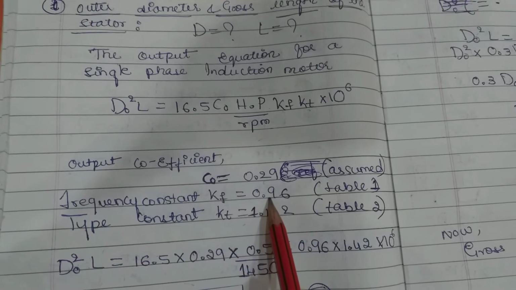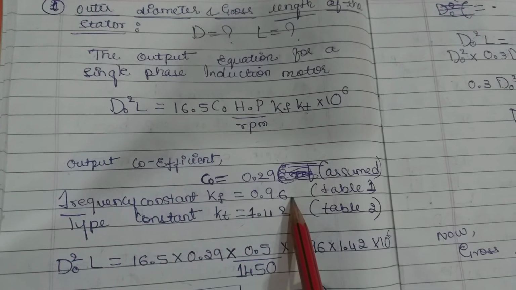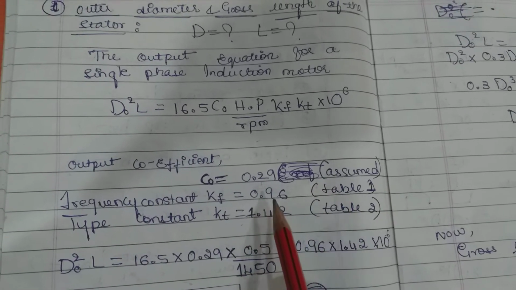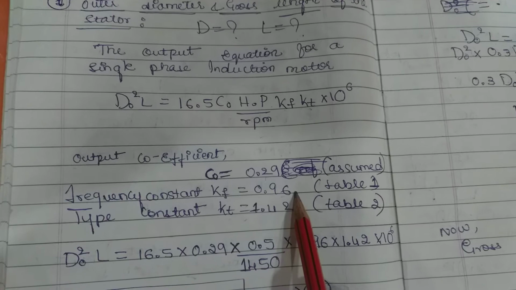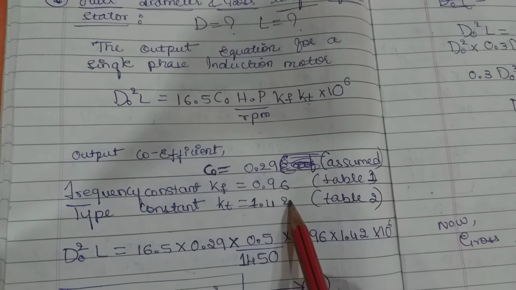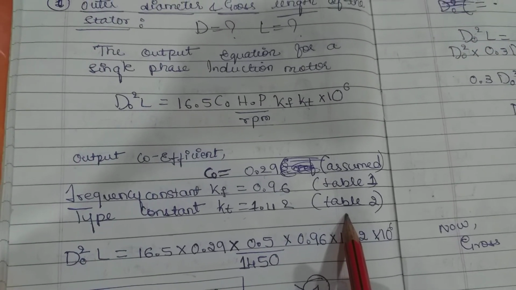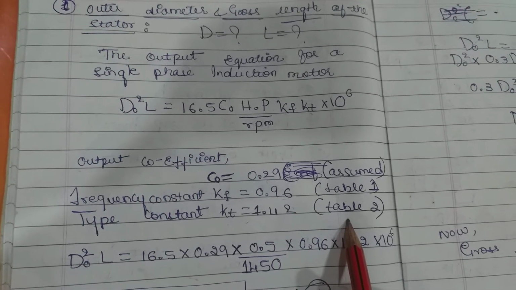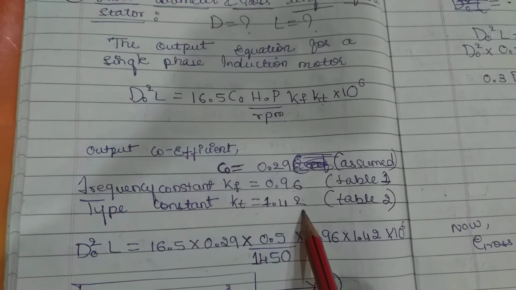KF, the frequency constant, is 0.96. It is assumed based on table 1, that is for 50 Hz frequency KF is 0.96. Next, KT value is taken as 1.42. It is based on table 2. In this problem they have given a general purpose split phase motor. For general purpose, KT value is 1.42.